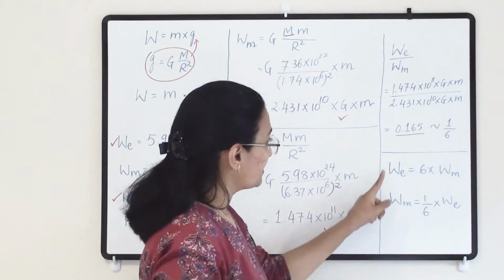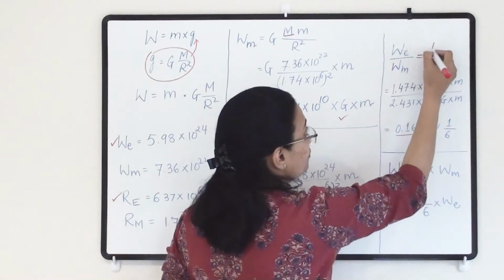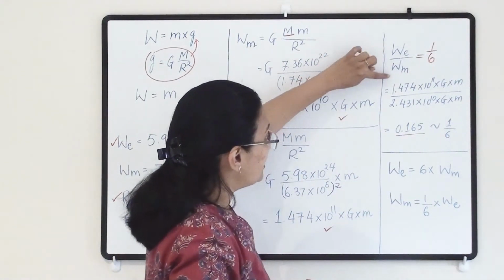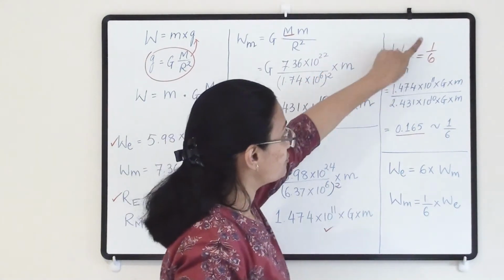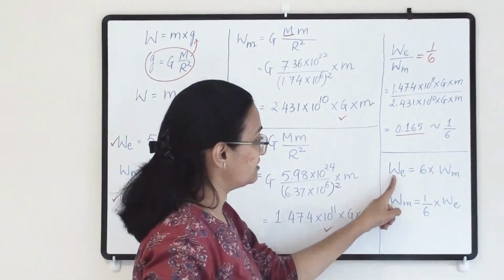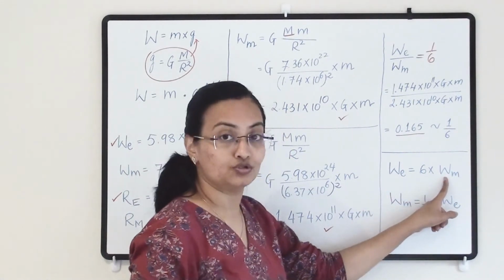That means WM divided by WE equals 1 divided by 6. Weight on moon divided by weight on earth equals 1 divided by 6. We can also write this as: weight on earth equals 6 times the weight on the moon.